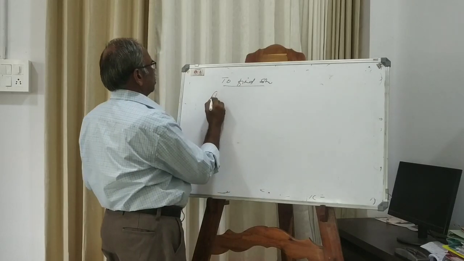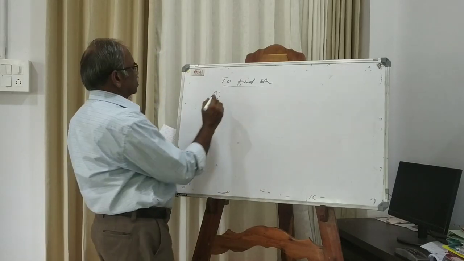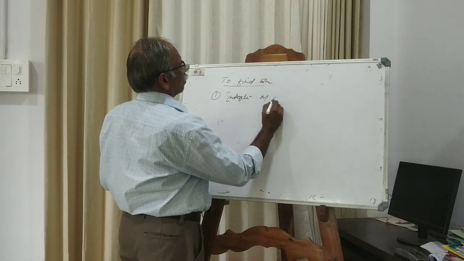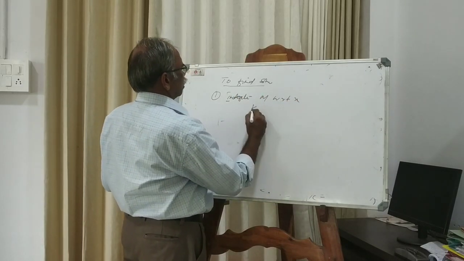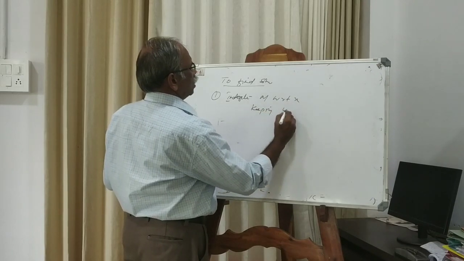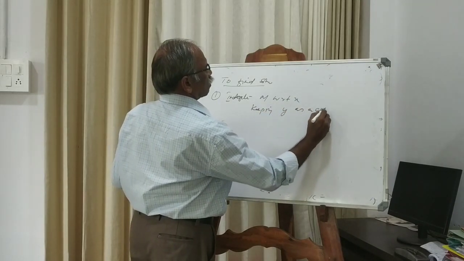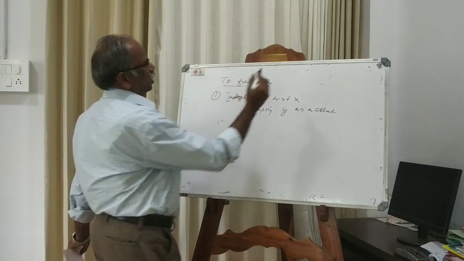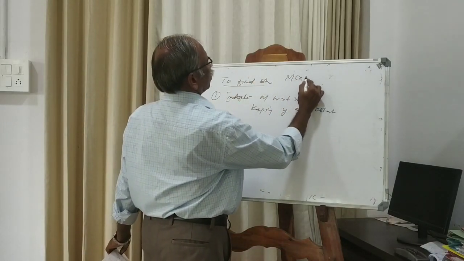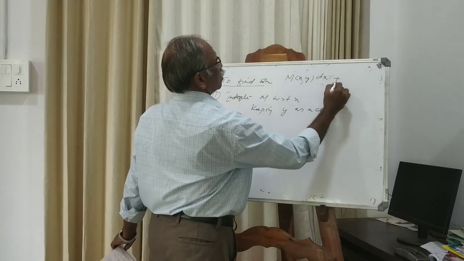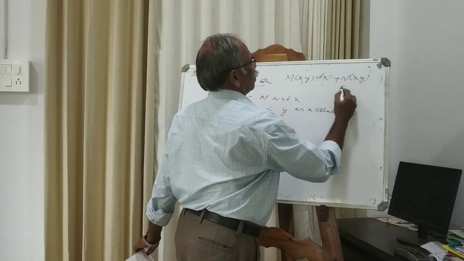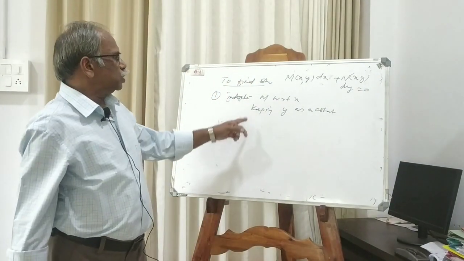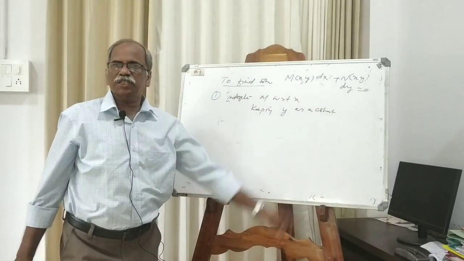In order to find the solution, we have step 1: we integrate M with respect to x, keeping y as a constant. That is the first step. This is the given equation M(x,y) dx plus N(x,y) dy equals 0. First of all we have to check whether it is exact or not.